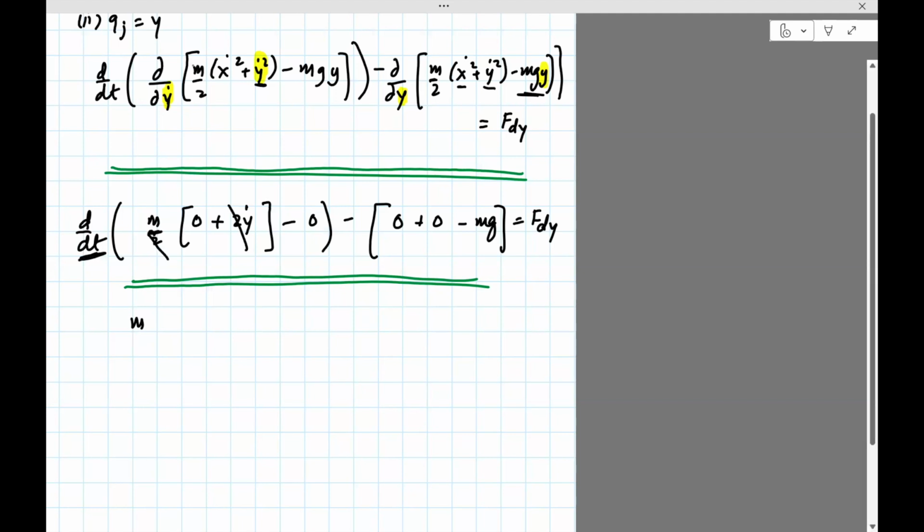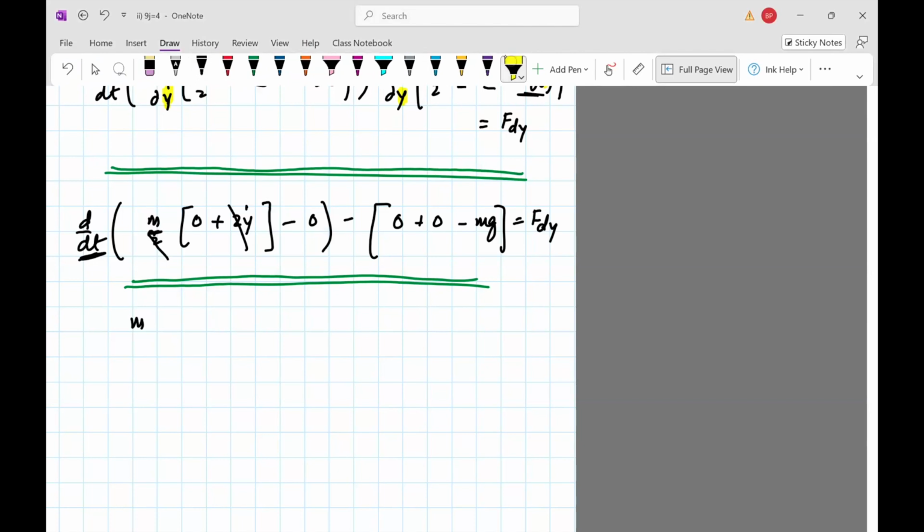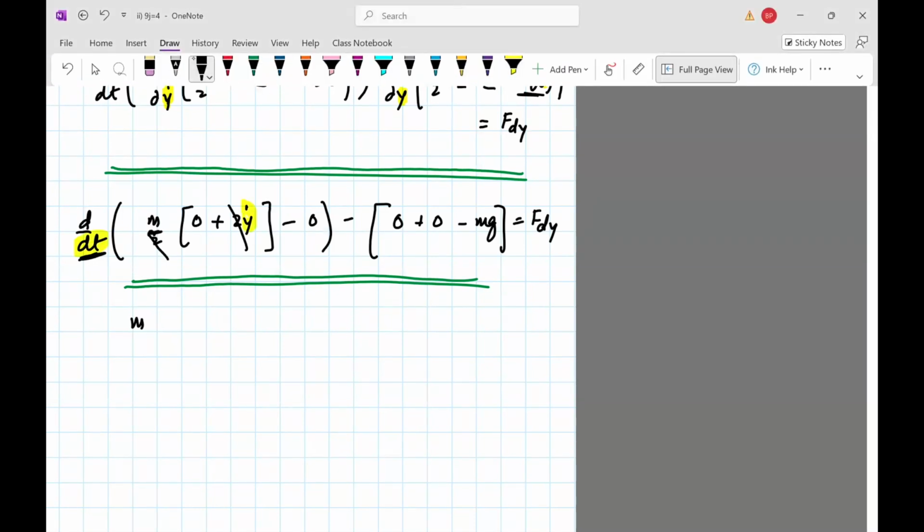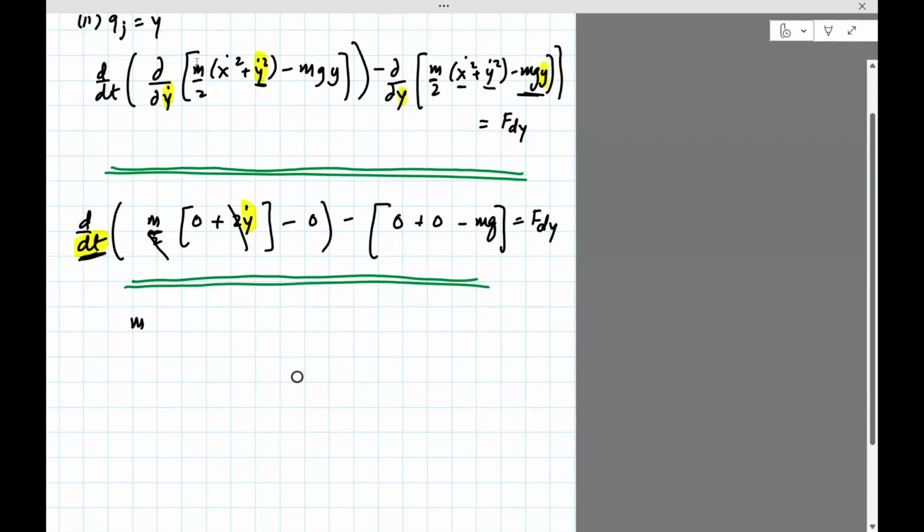I need to get the complete time derivative of y dot. So that's the time derivative of velocity in the y direction, which will be the acceleration. So y double dot, plus mg equals F_y, which you can check is c times (x dot squared plus y dot squared) times y dot.